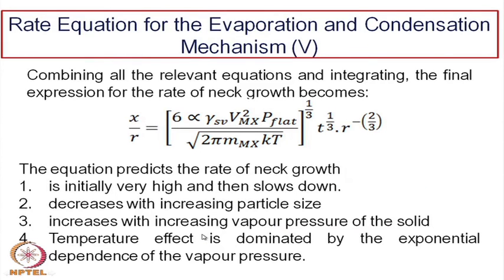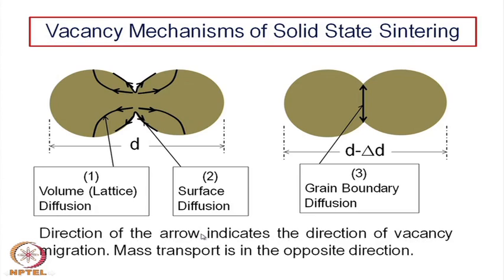which is the vacancy mechanism. This is the vacancy mechanism of solid state sintering, and there, as you have seen, the concentration difference is in the opposite direction. That means, once again there is a neck growth here, same thing. At this point there is a concave surface, and away from that point there is a convex surface.